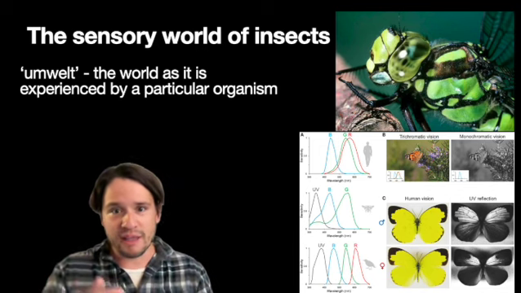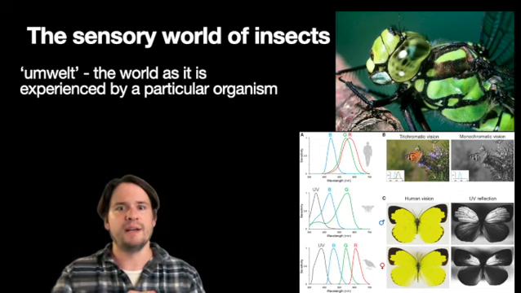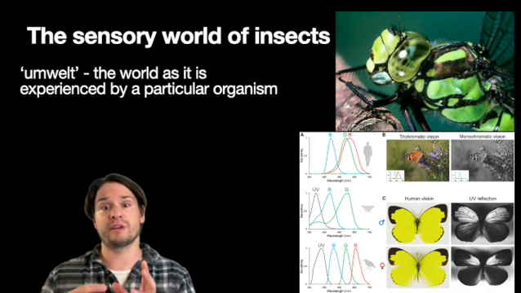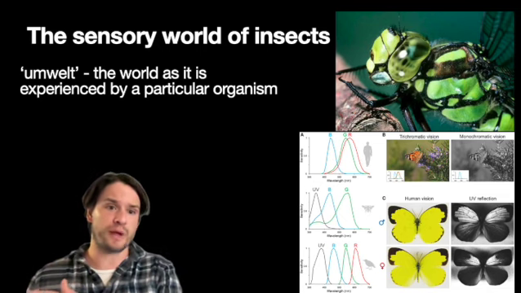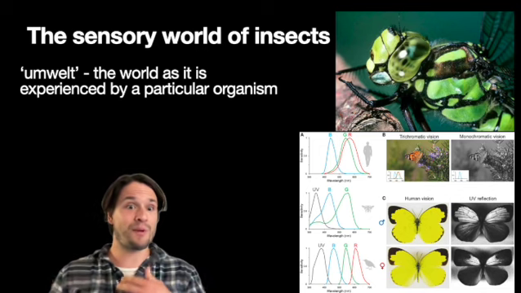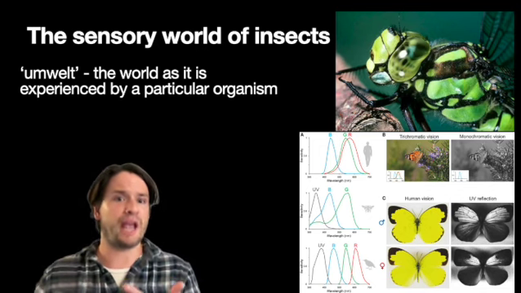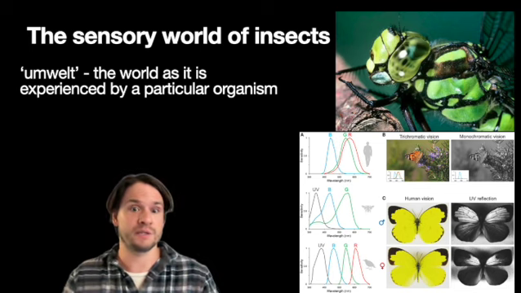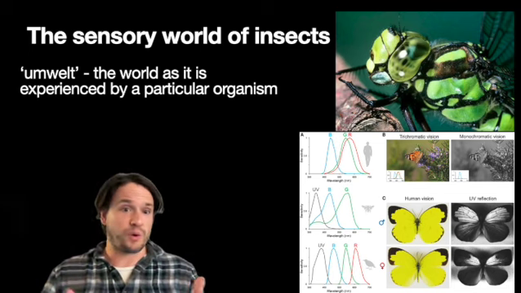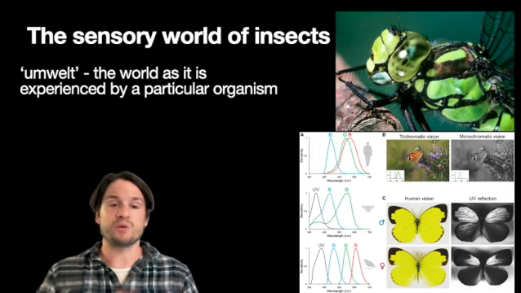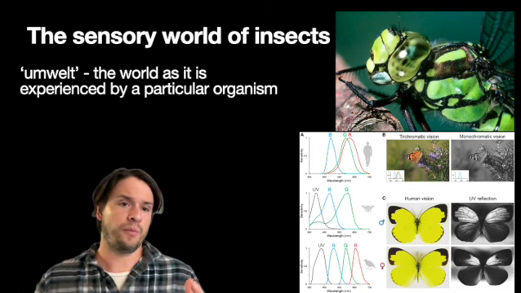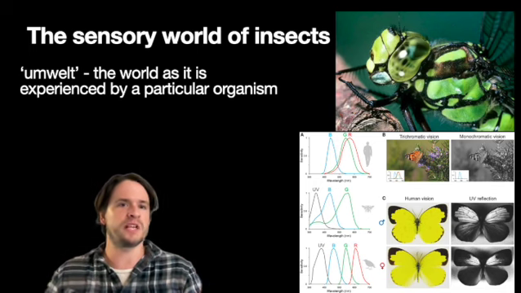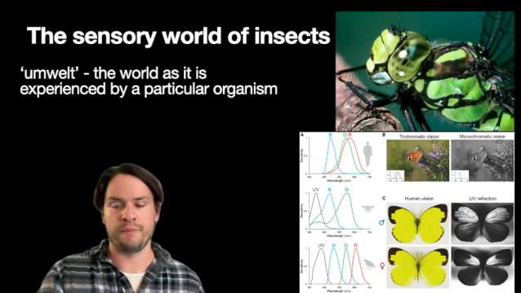For example, here are some nice examples of these butterflies down below that have color that exists in the UV spectrum that is not visible to us. In some ways, these are private sensory channels that are available to particular organisms and not others. And birds, of course, can see a different subset. So just as an example demonstrating that each organism has its own subset of the world and way of sensing the world around it.